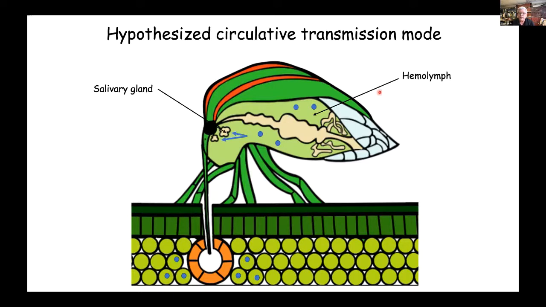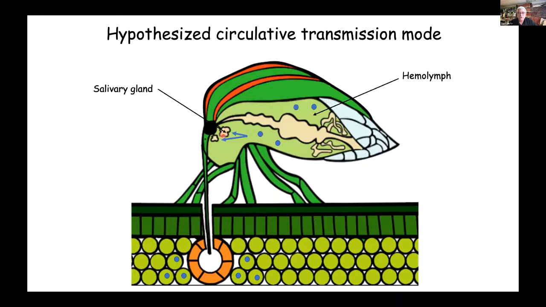Once it is in the hemolymph, the virus can circulate within the whole body of the insect. And particularly important is the transition from the hemolymph into the salivary glands, which are located behind the eyeballs, roughly speaking, of this three-cornered alfalfa hopper.